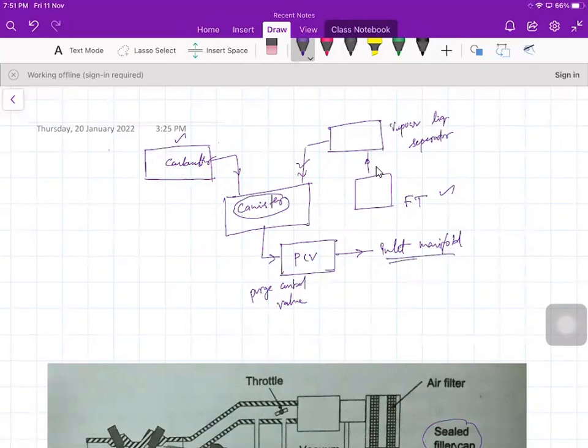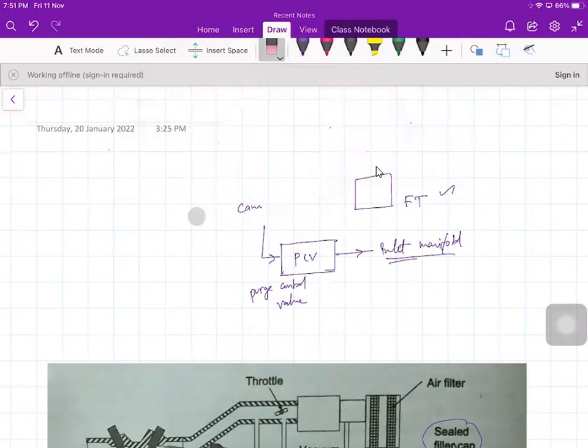This is a rough way to tell how the evaporative losses are controlled. Now we'll see how we will control these evaporative losses.